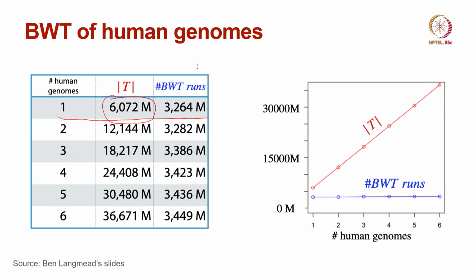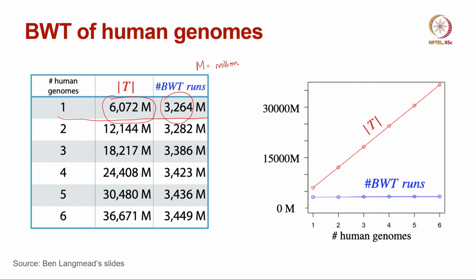Here M stands for million, and the Burrows-Wheeler transform for this particular text will have about 3 billion runs. I am showing you in millions here. So, this is the number of runs in the Burrows-Wheeler transform.